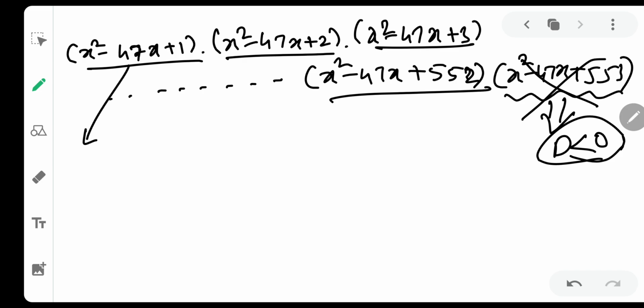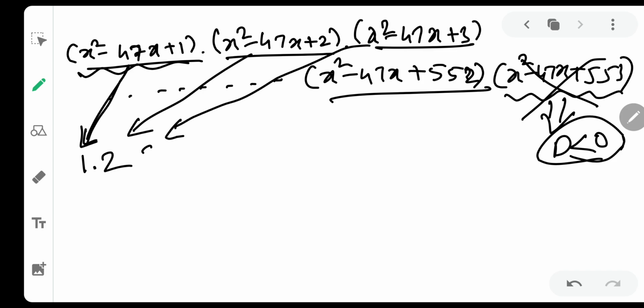Now we need to calculate the product. What is the product of the roots of the first equation? It is c upon a, 1 upon 1, so 1. The product of roots of the second equation is 2, so I will write multiplication, and then the product of roots of the third. Let me give you a brief idea. If the first equation has roots alpha and beta, we can calculate alpha beta. The second equation has gamma and delta, the third has s and t.